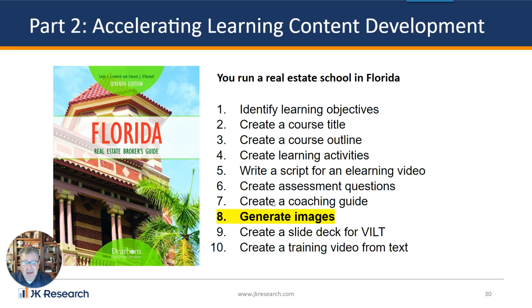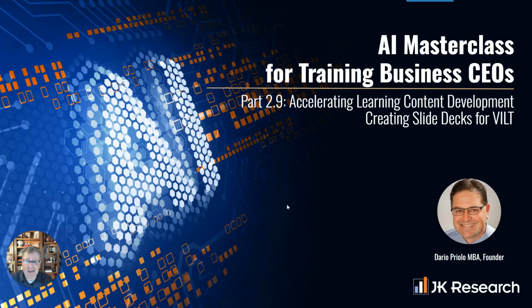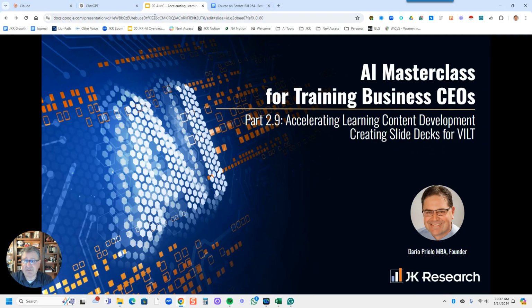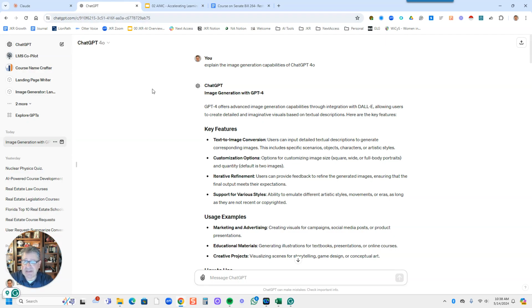So I will give you a couple of pearls of wisdom here. You can see we've got a prompt creating an image of a family on vacation in an Airbnb in Florida. We can do something like that. But let's exit out of here for a second, and I'm going to take you to ChatGPT.